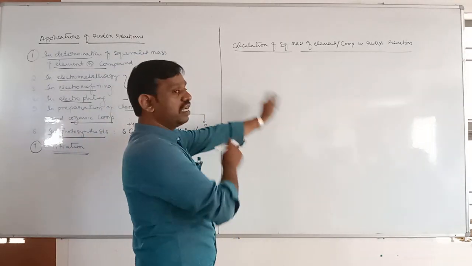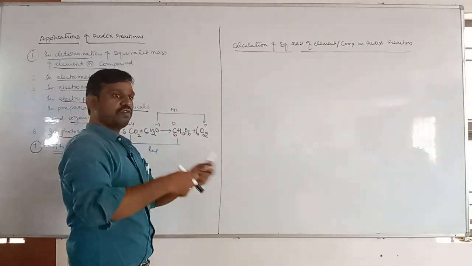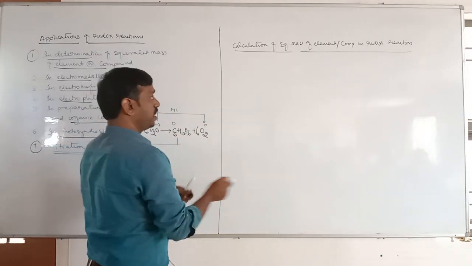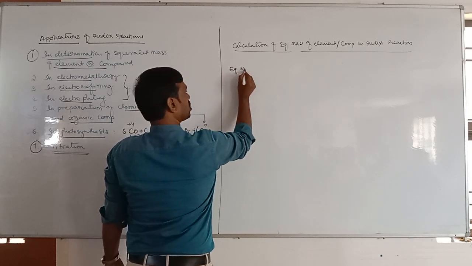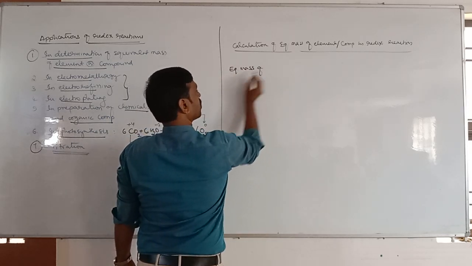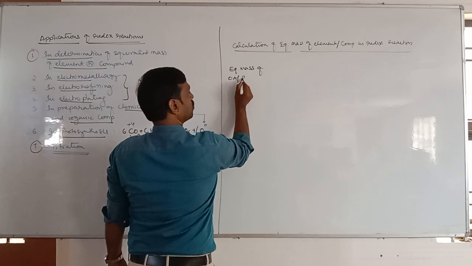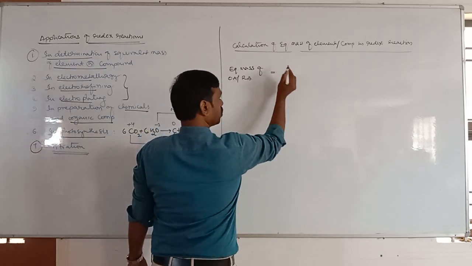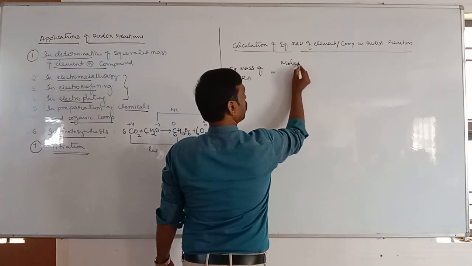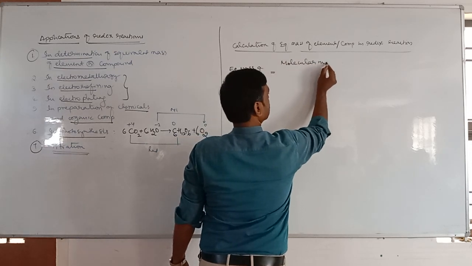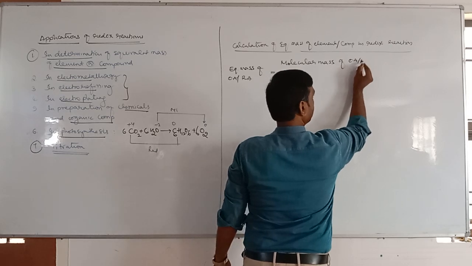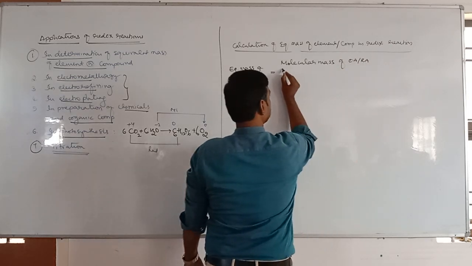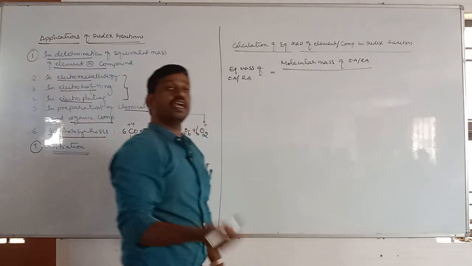So a redox reaction has an oxidizing agent and a reducing agent. Now how to calculate the equivalent mass of the oxidizing and reducing agent? Equivalent mass of an oxidizing or reducing agent is equal to the molecular mass of the oxidizing or reducing agent divided by n factor.